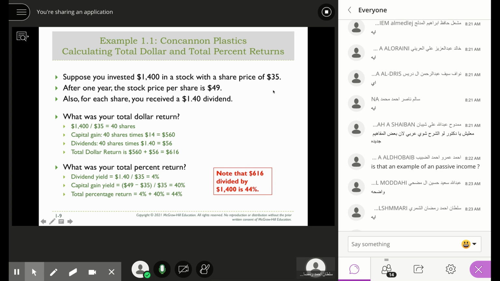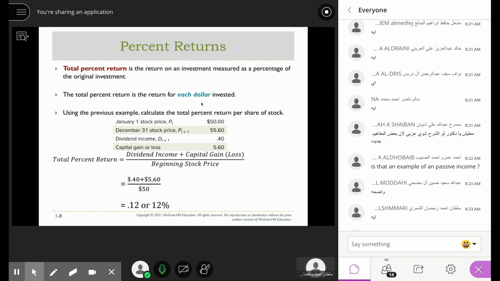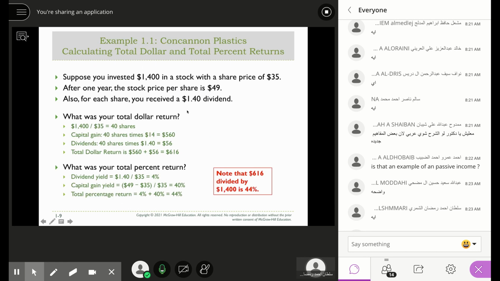So it did jump from 35 to 49. 49 is the ending stock price. And let's assume that for each share you received $1.4. The $1.4 is equivalent to what we have here as 0.40. So this is for each stock.